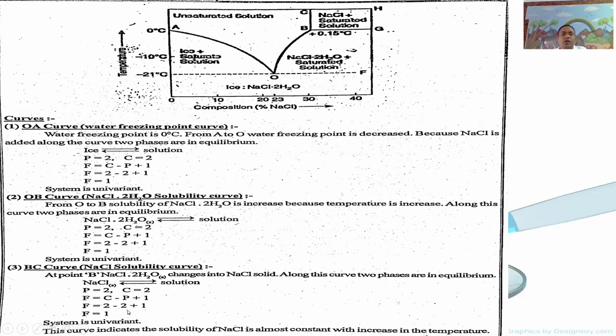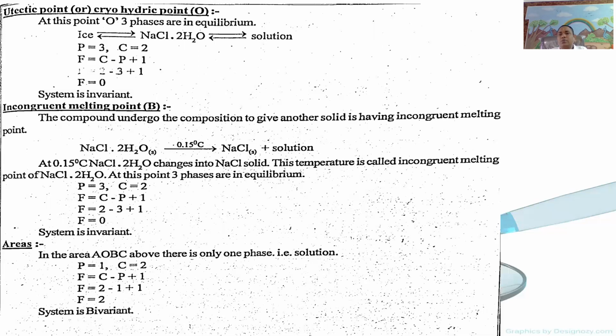F equal to 2 minus 2 plus 1, that is F equal to 1, which means a univariant system. Univariant system means it requires either temperature or composition. If you know the temperature, the composition is fixed, or if you know the composition, the temperature is fixed.